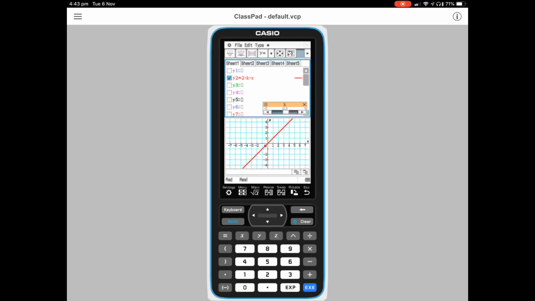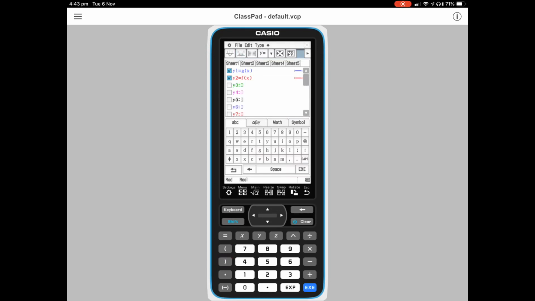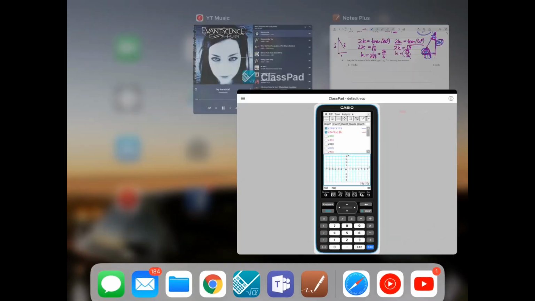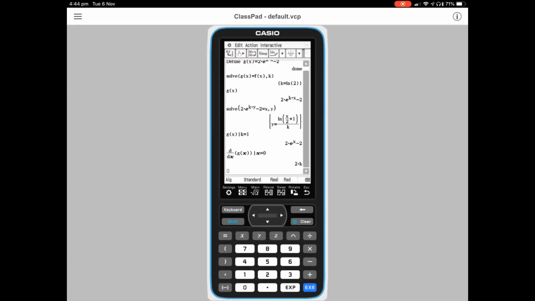So if I do g of x, and if I do, have I got it defined as f of x? I hope I have. And then graph them. Given k, okay, so we've got g of x.